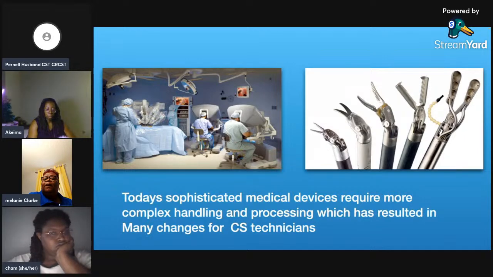So what you're looking at here on the screen, these two pictures, on one of the graphics where you see the two surgeons seated, they are actually operating a surgical robot that is operating on the patient. The other picture to the right are the actual instruments that are being used in this minimally invasive procedure.